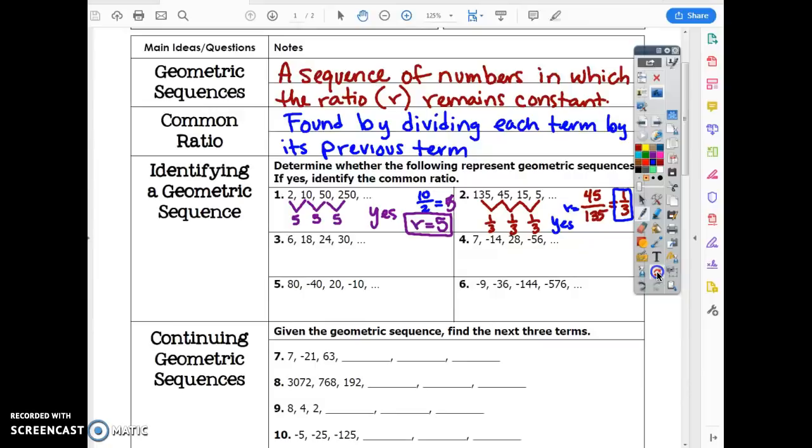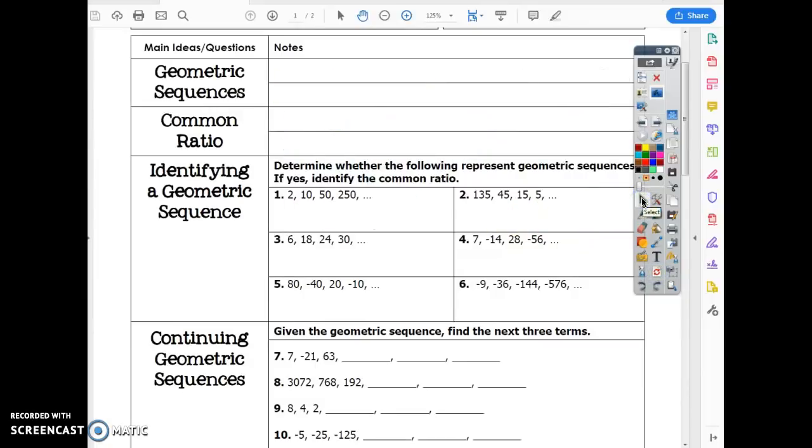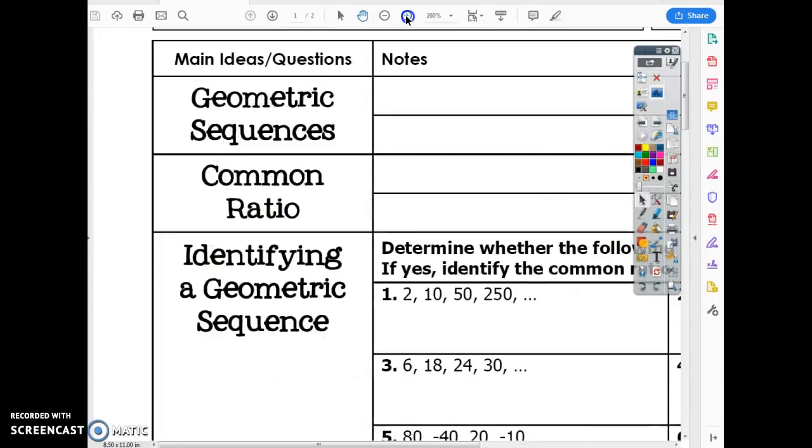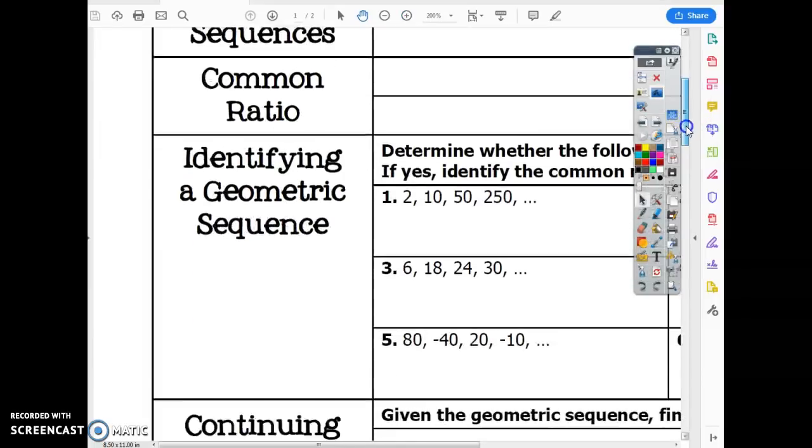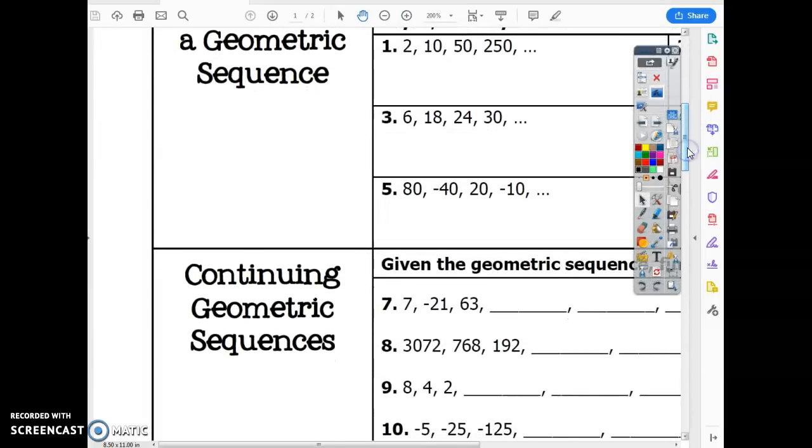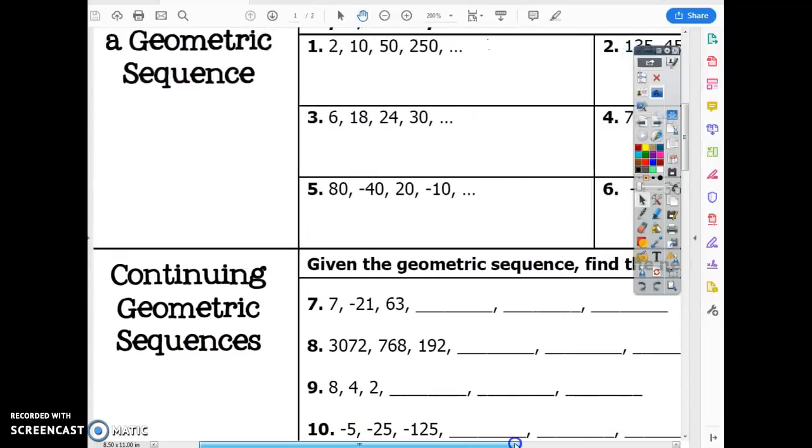Okay? I'm just going to do one more with you. Problem number 3. How would I find the R? I'm dividing what? 18 divided by 6.